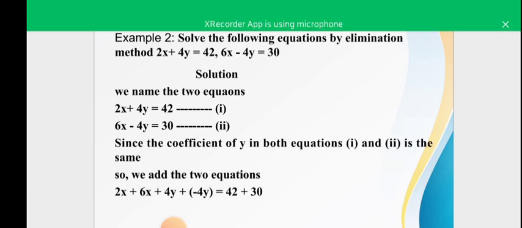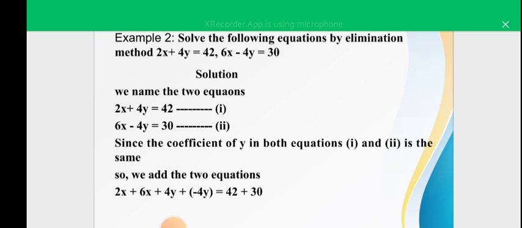But once I say Mujahid come here, I am referring to Mujahid. That is the importance of giving a name. As well here we give equations names. Whenever we say equation number 1, we are referring to 2x plus 4y is equal to 42. And when we say equation 2, we mean 6x minus 4y is equal to 30.